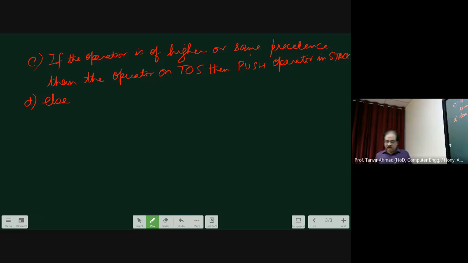Then D: if all this is not the case, then pop the operator and add to expression.